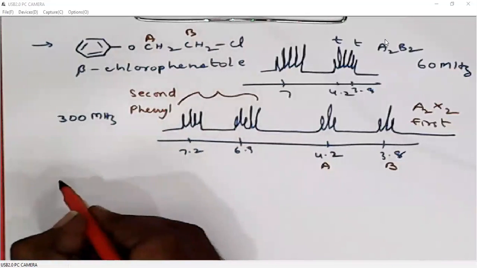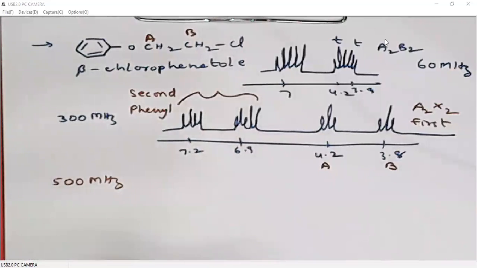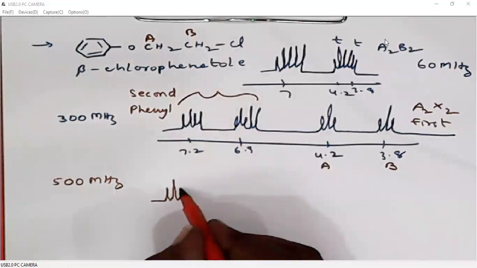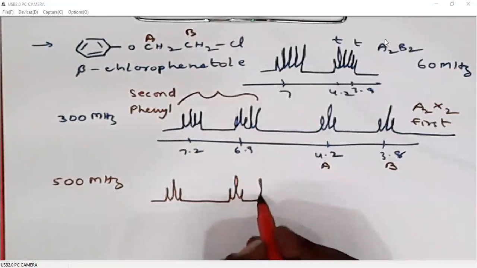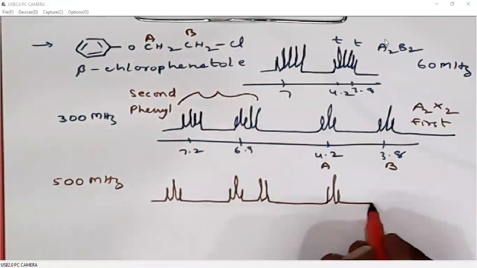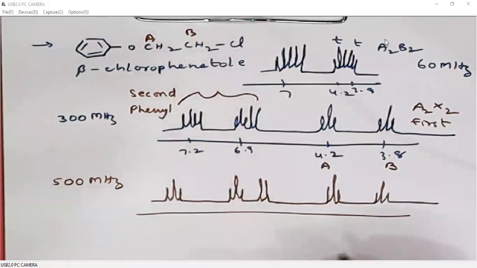But when we collect the NMR data on a 500 megahertz instrument, then we can clearly see a triplet and a doublet, followed by two triplets. Of course, delta values will not change.